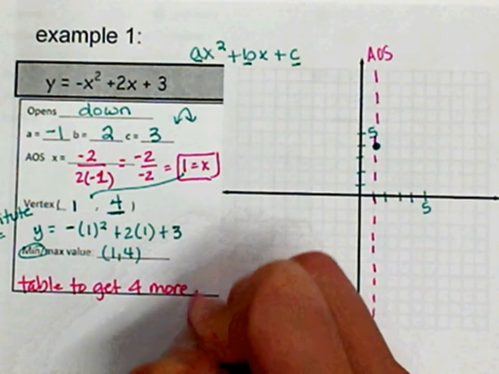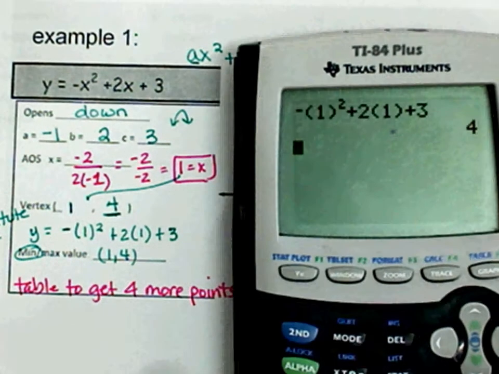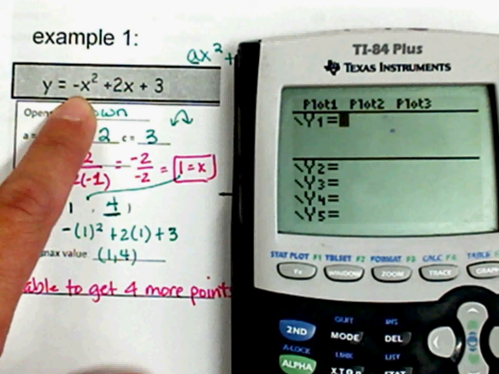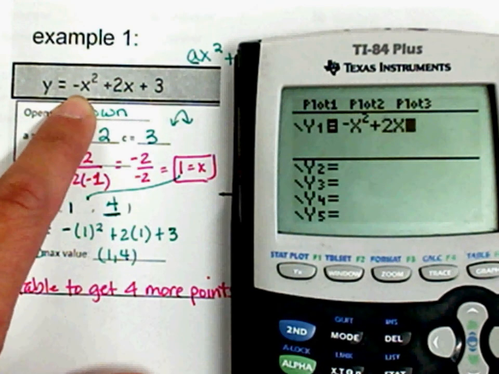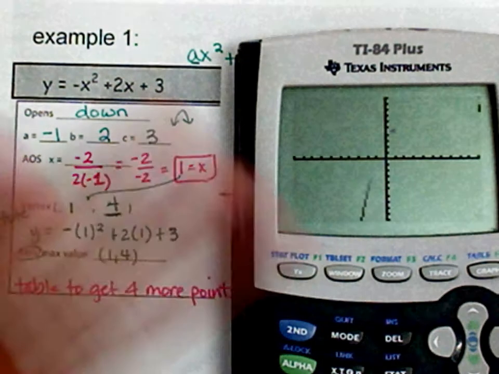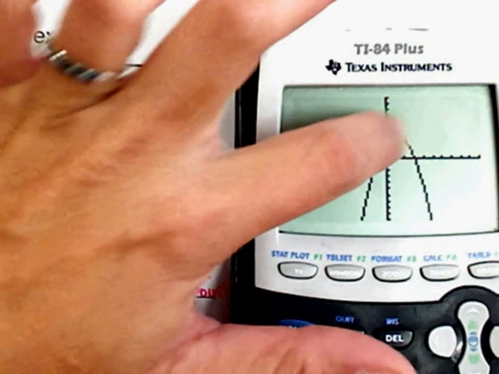Okay? Watch what I do. All right. Go to y equals. Type in the equation: -x squared, just like you see it, plus 2x plus 3. Make sure you type it correctly. You can hit graph if you want. Not required. It kind of gives you what the graph looks like. But I'm going to go to the table, so second table.